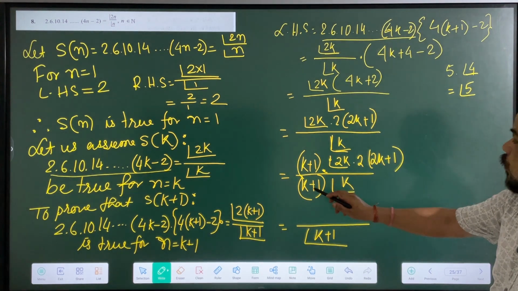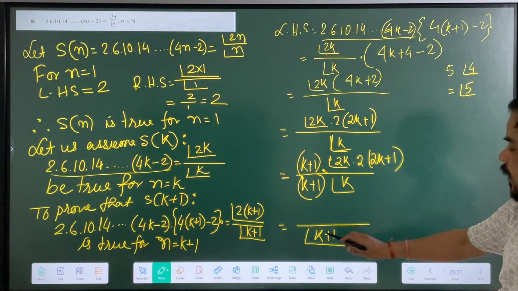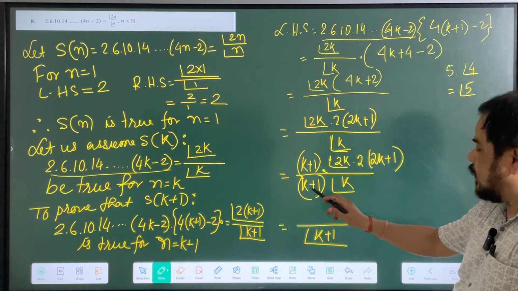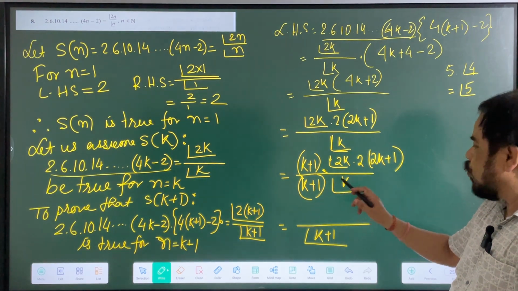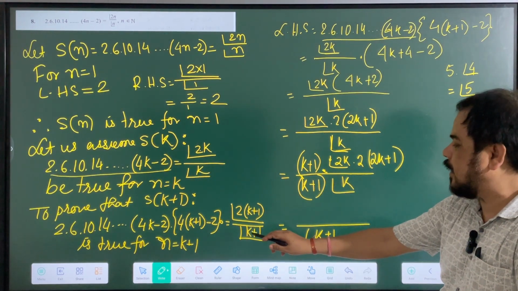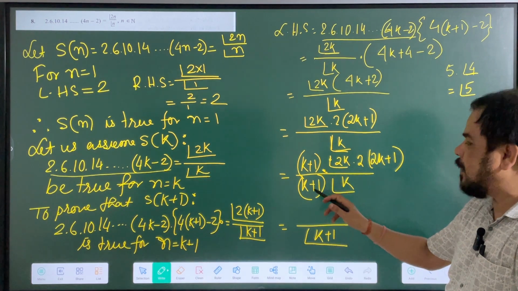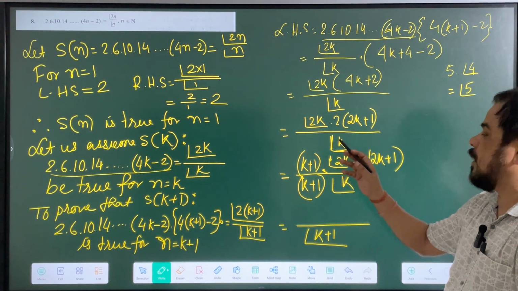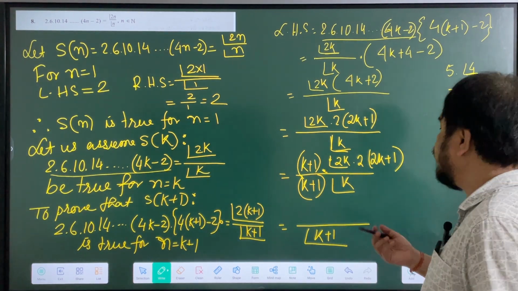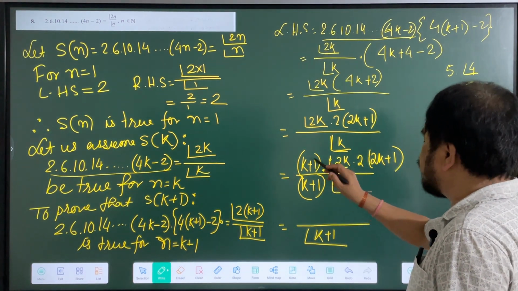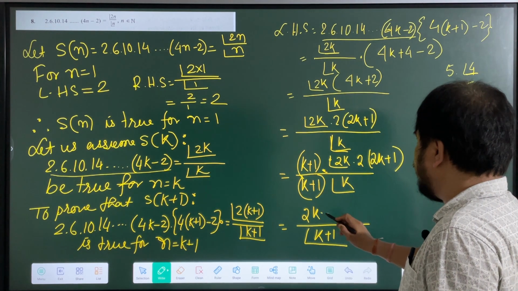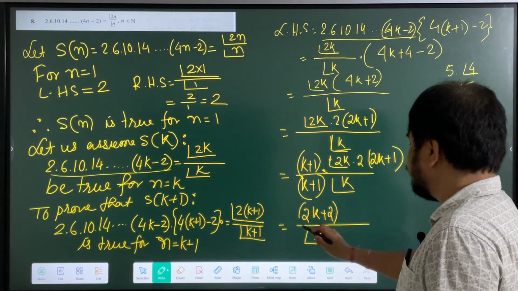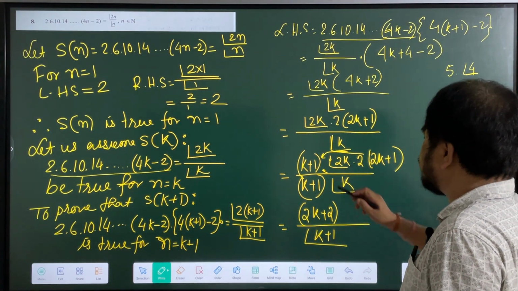So bigger into smaller factorial will be bigger factorial. Otherwise, if we don't have this k plus 1 with factorial k, then we will never get factorial k plus 1. That is why k plus 1 is multiplied in denominator. If we multiply anything in denominator, we have to multiply in numerator also, that you know already. So this 2, let us multiply with this k. 2k plus 2. 2 is multiplied with this.